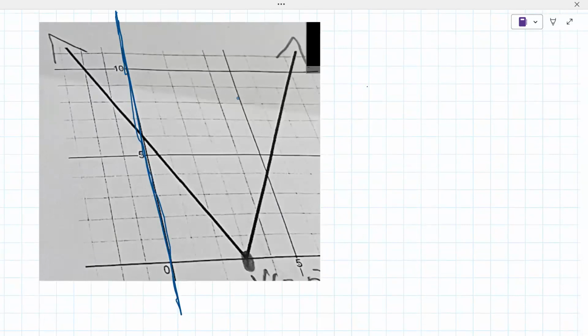Is this the same on the left and the right of the y-axis? It is not the same, so this is not even. Any questions on that? Nope. All right, let's look at one more here on the back, and then we're going to talk about odd.